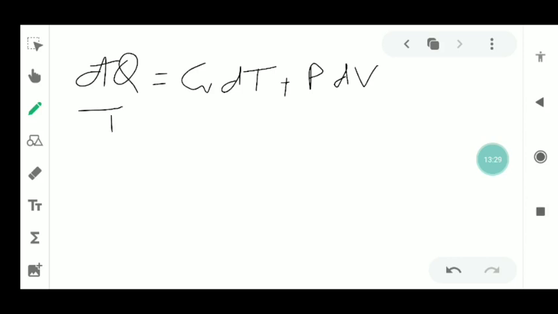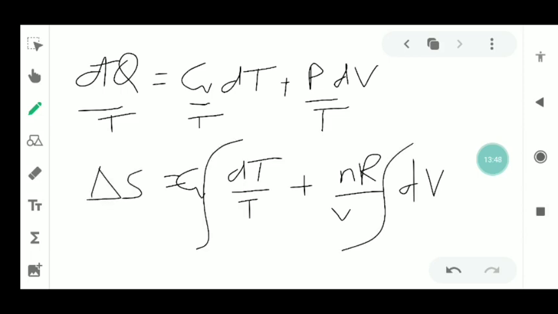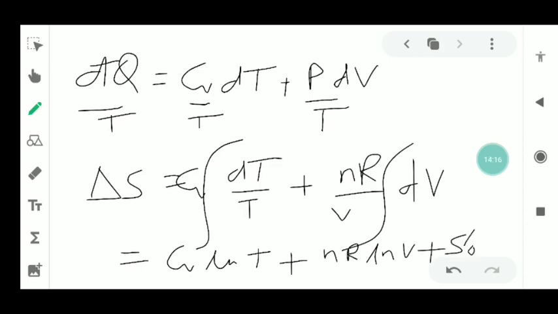We will divide this by T, and again instead of P by T we will write nR upon V. So this will become Cv dt upon T plus nR upon V into dV. So integrating on both sides, this will become Cv ln T plus nR ln V plus some constant. Now this can be another constant than the previous constant.